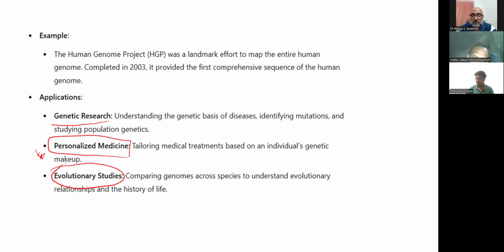For example, if you analyze the genetic information of the Sri Lankan politicians, you can see if they are connected to donkeys in the evolutionary pathway, right? So you can find out the relationship between different species, evolutionary relationships, if you know the genetic information.